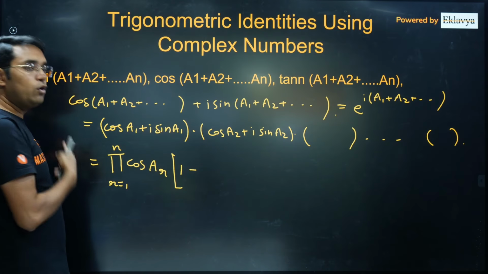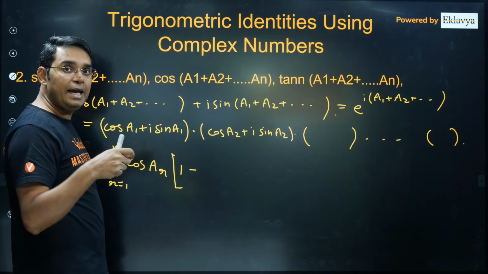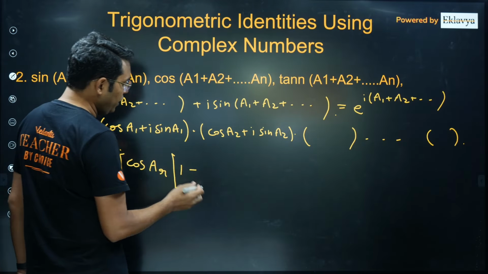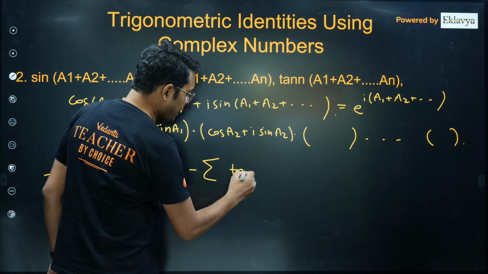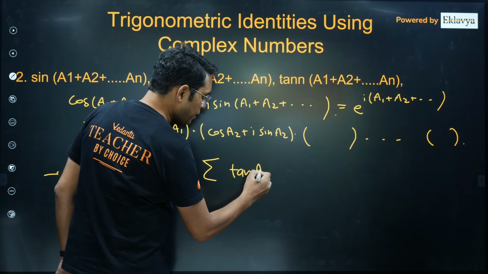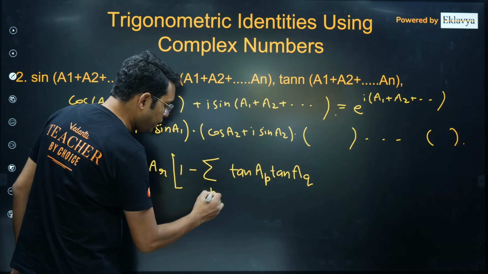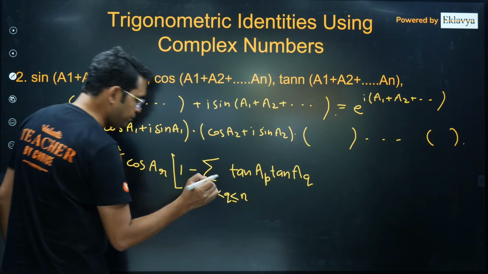If you take all the cos common, those 2 sines will now become tan, because they will be divided by their respective cos values. So it will become minus of, we can say, summation tan AP tan AQ, where P and Q are different numbers.